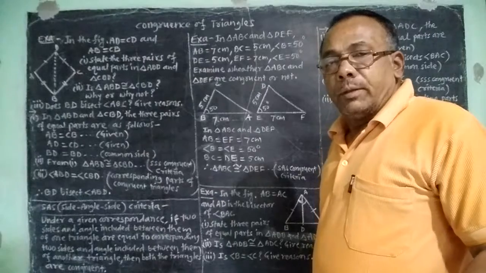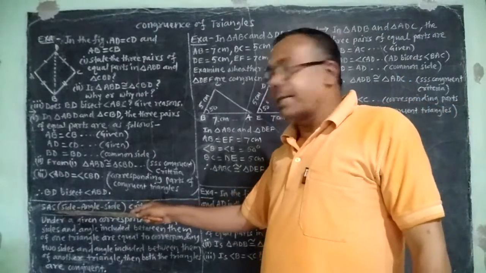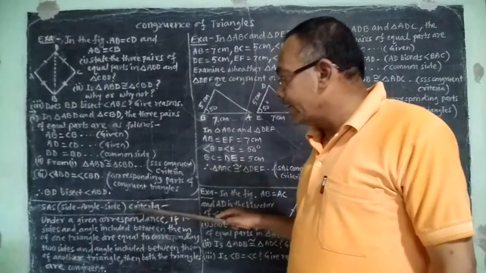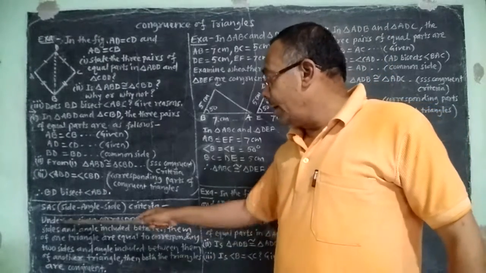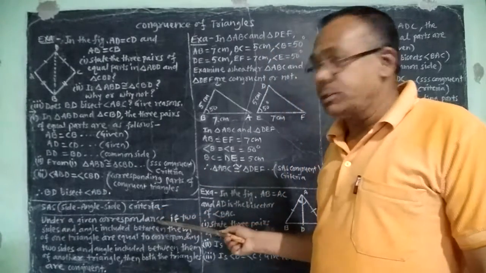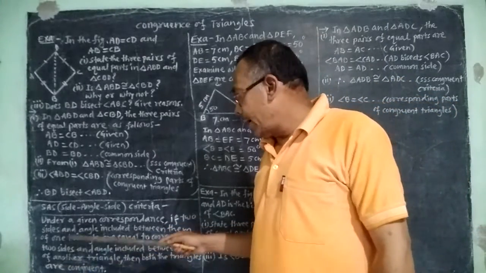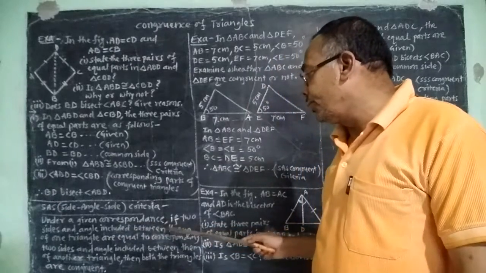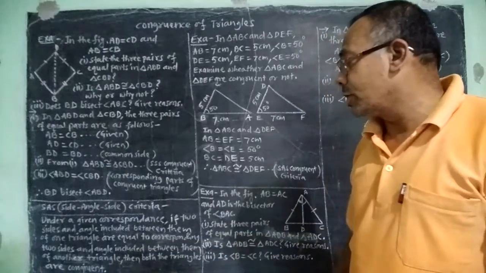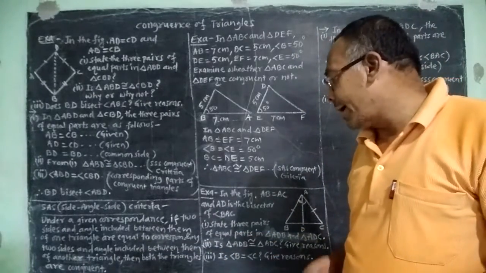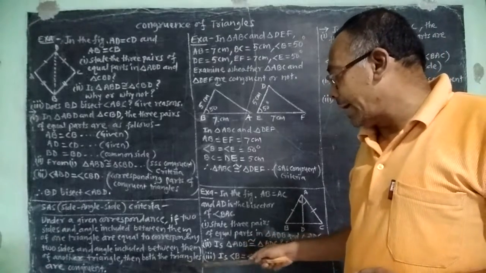Now we will see the second criteria, that is the SAS criteria or side angle side criteria. The criteria states that under a given correspondence, if two sides and the angle included between them of one triangle are equal to the corresponding two sides and the angle included between them of another triangle, then both the triangles are congruent.